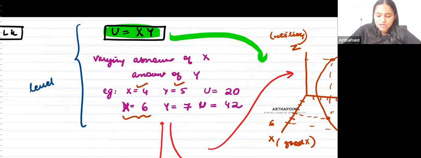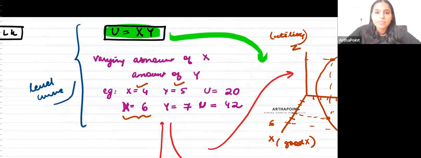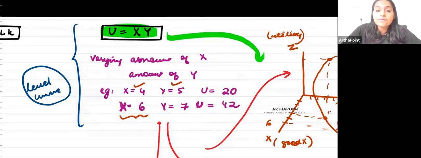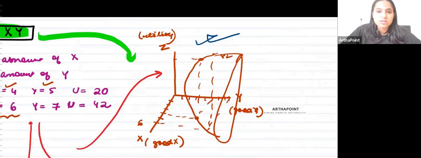It is a full-fledged topic in maths. You'll do it. This is known as the level curve. A level curve holds the value of the dependent variable of the function constant. It holds utility constant because U depends on X and Y. I should ideally be plotting it like this.